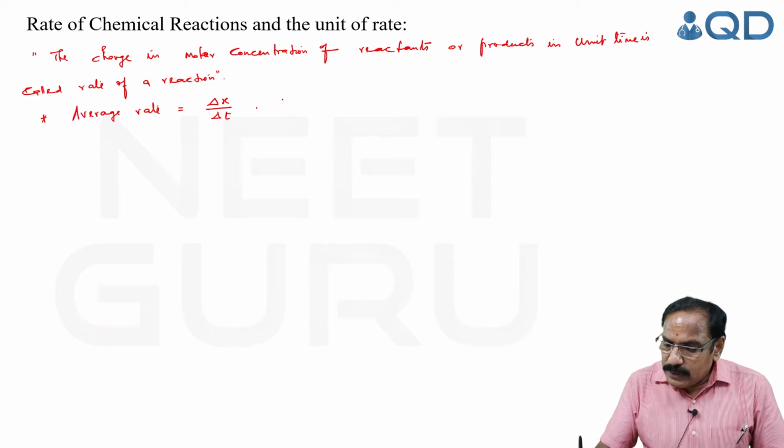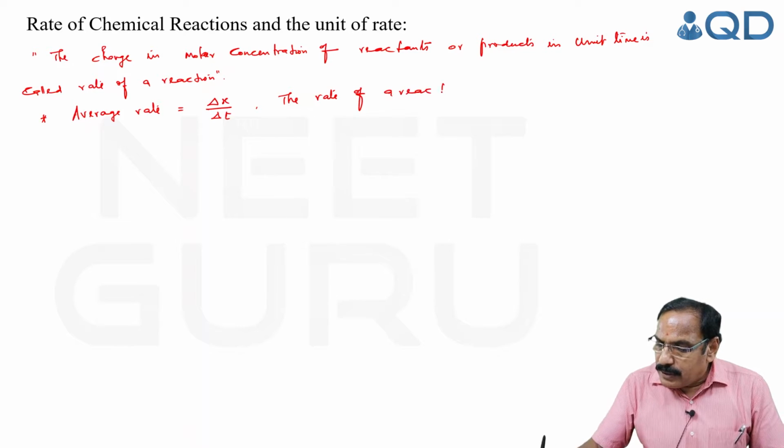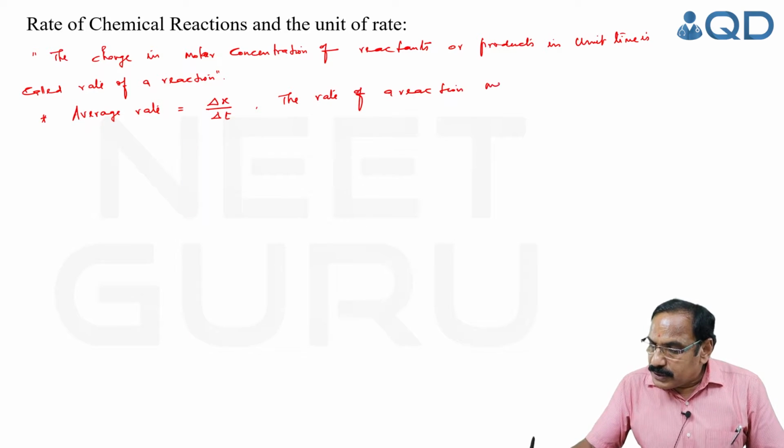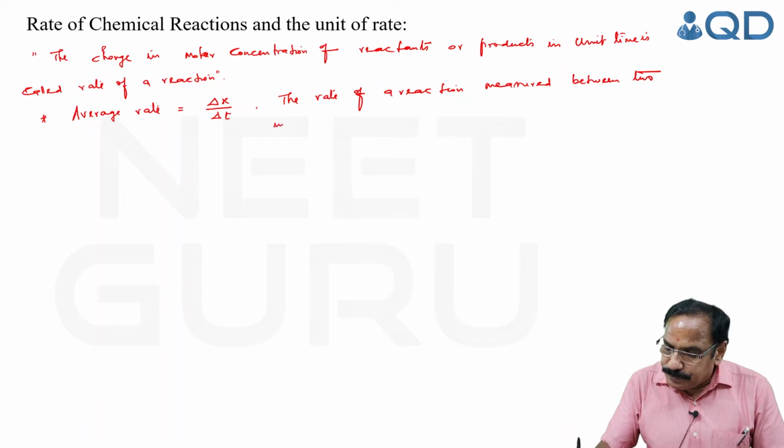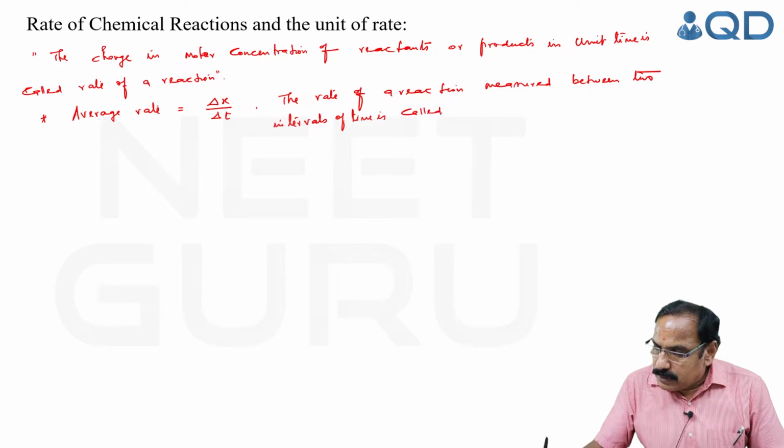The rate of a reaction measured between two intervals of time is called average rate.